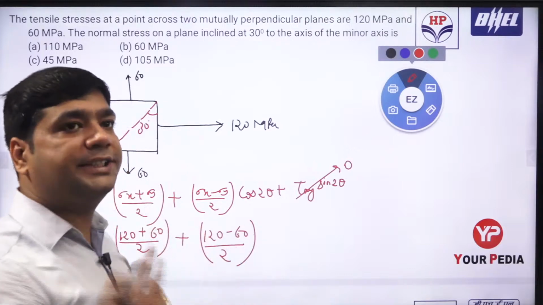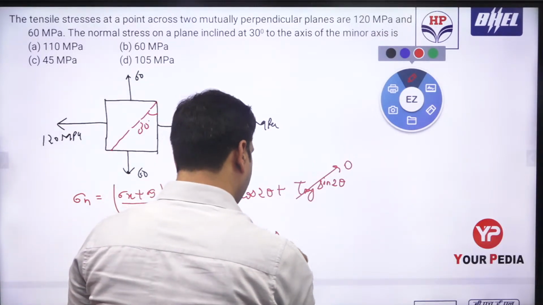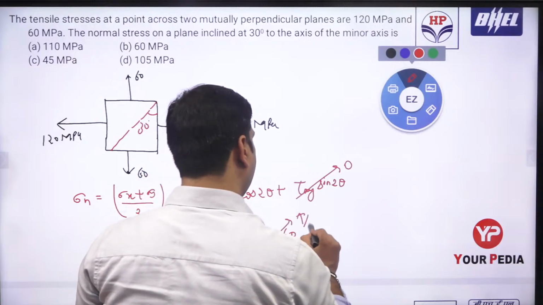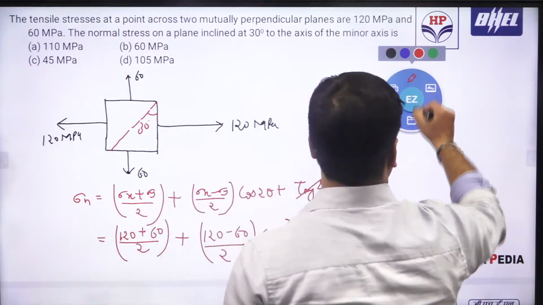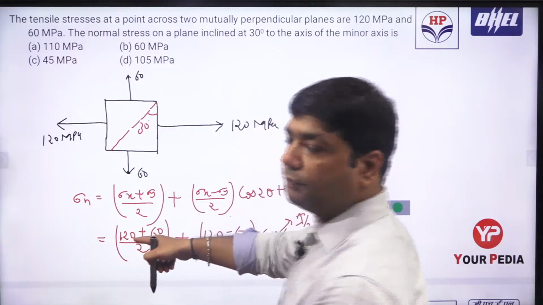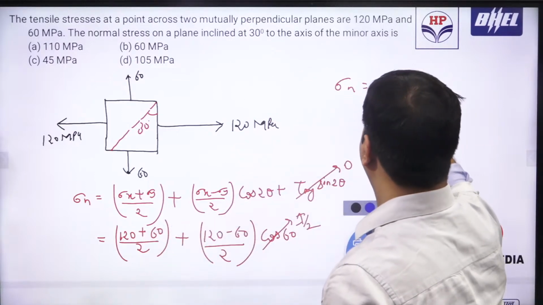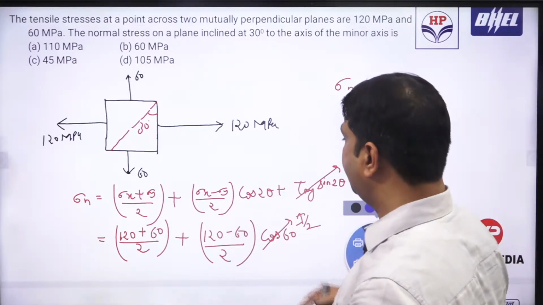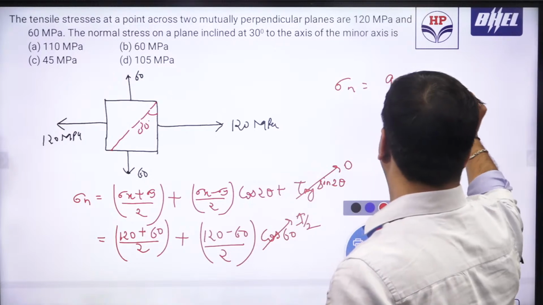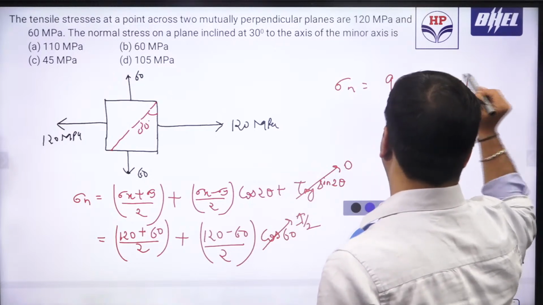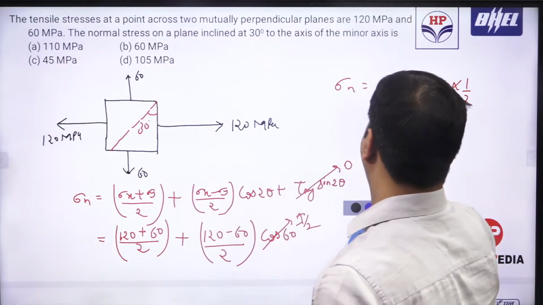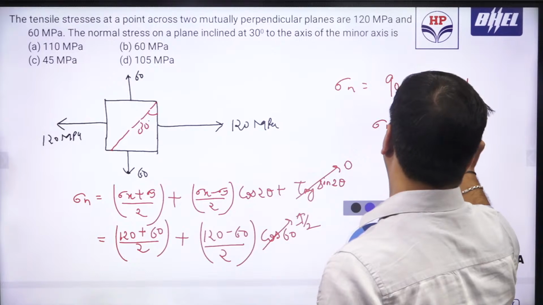Cos 2 theta means cos 60 degrees, and cos 60 degrees equals 1 by 2. So the normal stress equals 120 plus 60, 180, divided by 2 is 90, plus 60 divided by 2, that is 30, into 1 by 2. So this came to be 105. Sigma n equals 105 megapascal.